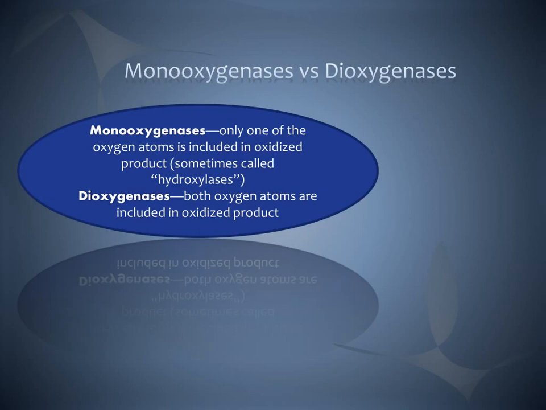But now we have, under that helm of redox reactions, the dehydrogenases. Then we have oxidoreductases, reductases, oxidases, and now oxygenases. And the oxygenases can be split into mono and di.